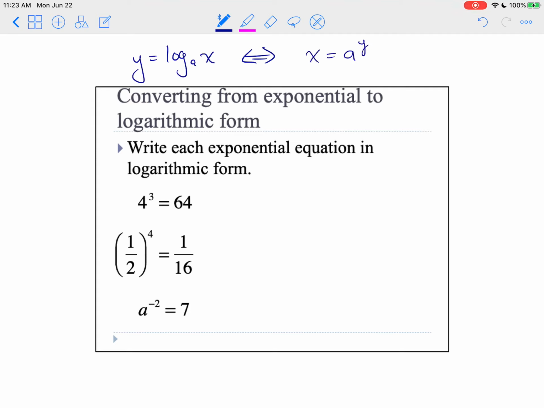Okay? So looking at these, the way that these are written, a to the y equals x, is exponential form. And this is logarithmic form.